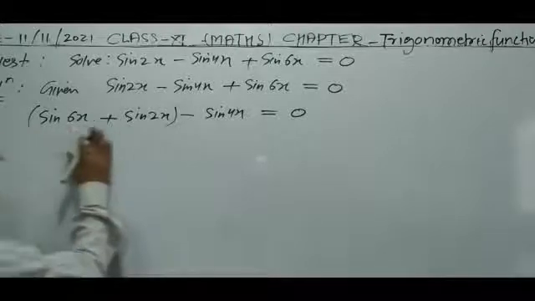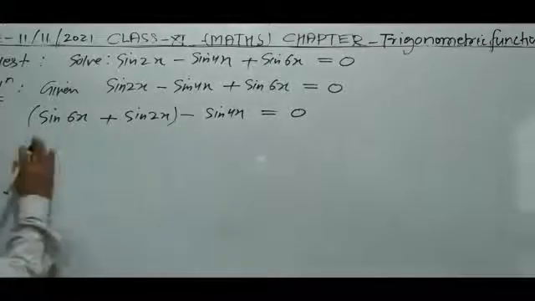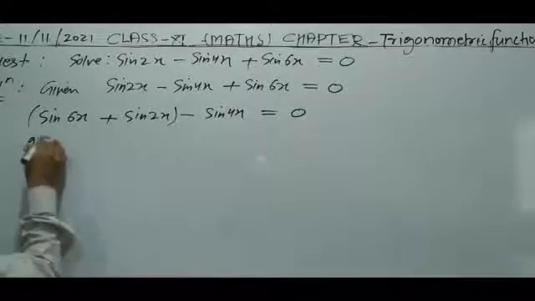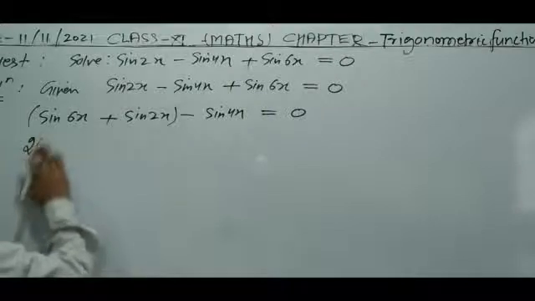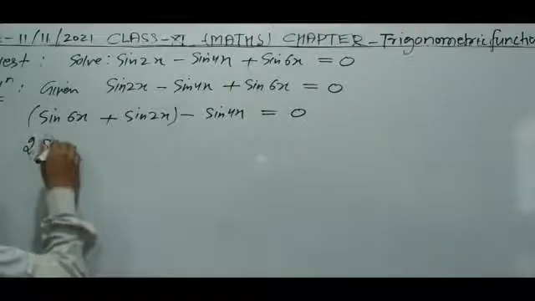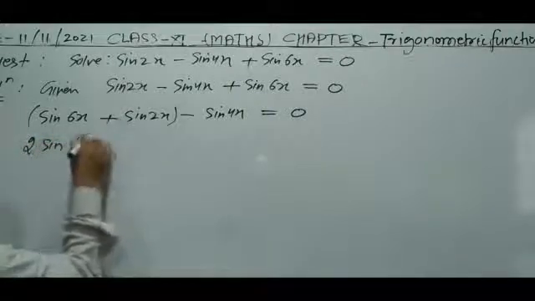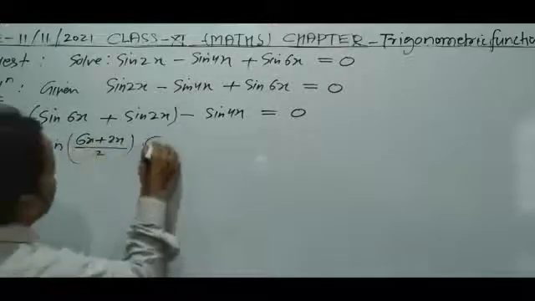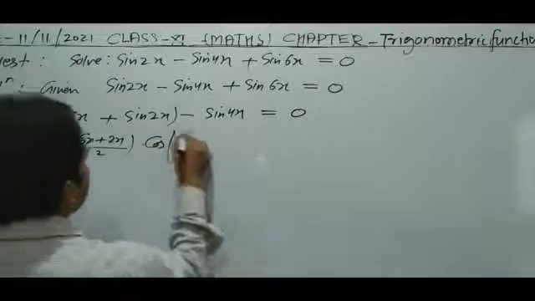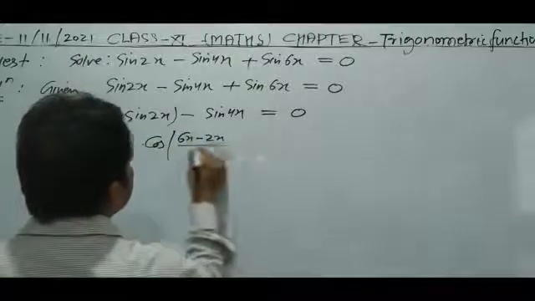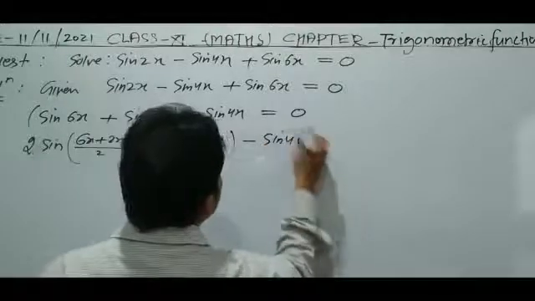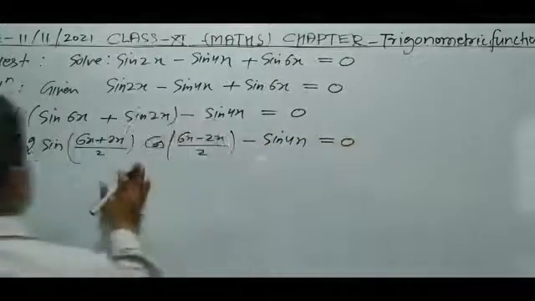The sin C plus sin D formula is 2 sin of (C plus D) by 2 into cos of (C minus D) by 2. So the result is 2 sin of (6x plus 2x) by 2 into cos of (6x minus 2x) by 2, and minus sin 4x is equal to 0.